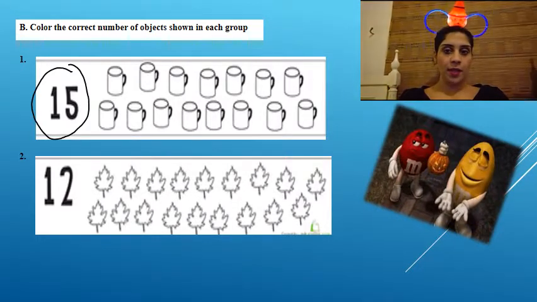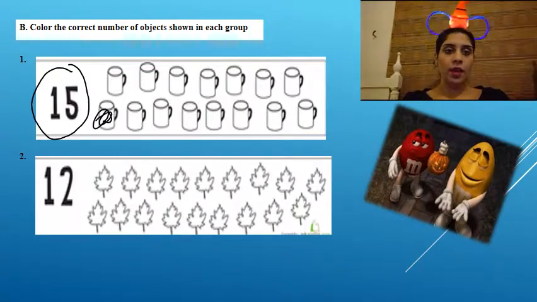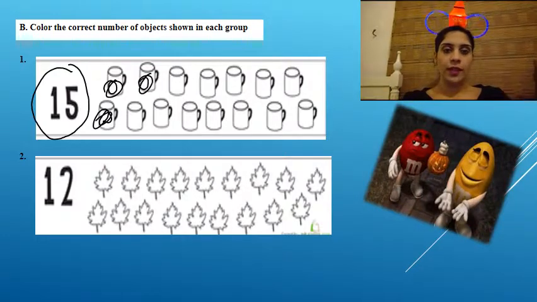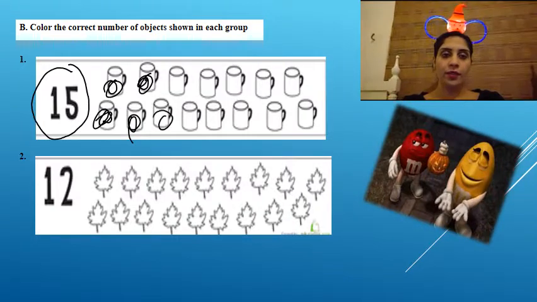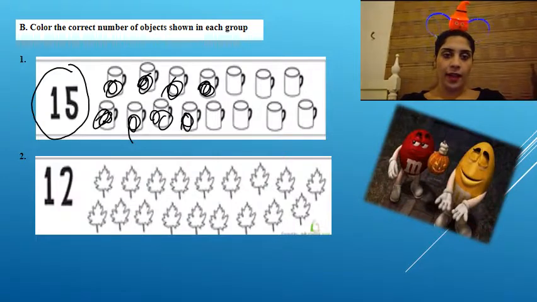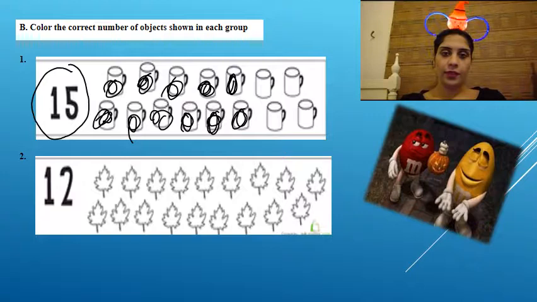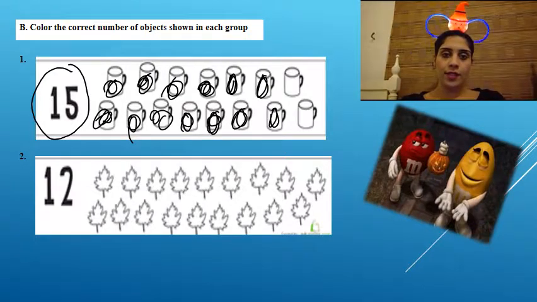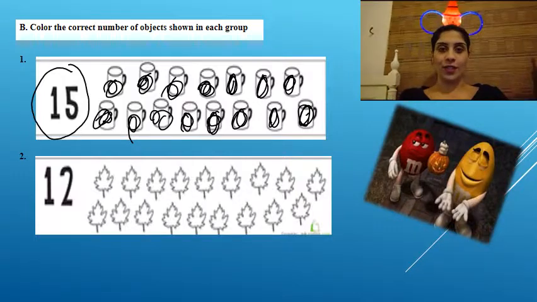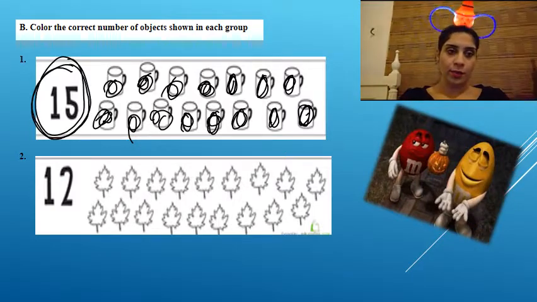Mr. Eminem here, the red one, will help us. 1, 2, 3, 4, 5, 6, 7, 8, 9, 10, 11, 12, 13, 14, 15. Oh, we finished them all. We have here 15 cups that have been colored like this number here.